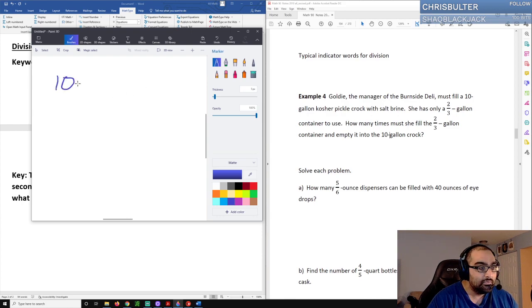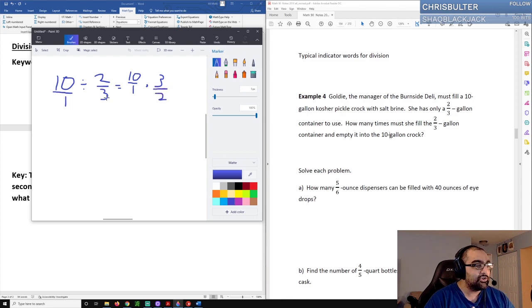We're taking our 10-gallon crock and dividing it by the 2/3 of a gallon container that we keep scooping this solution into. Doing this out here, we can rewrite 10 as 10 over 1. That's perfectly fine. And so we have 10 over 1 times 3 over 2, again taking the reciprocal of 2/3.